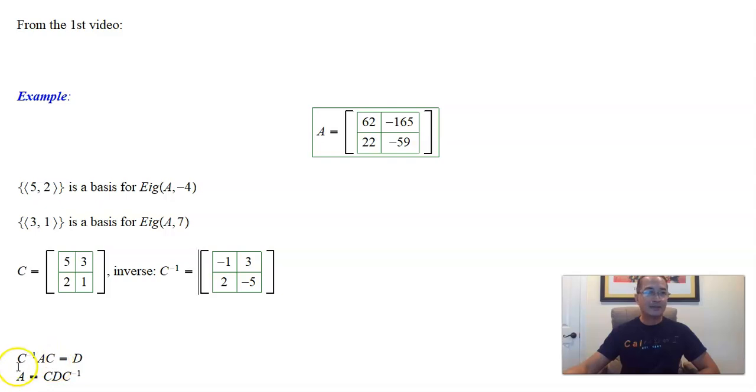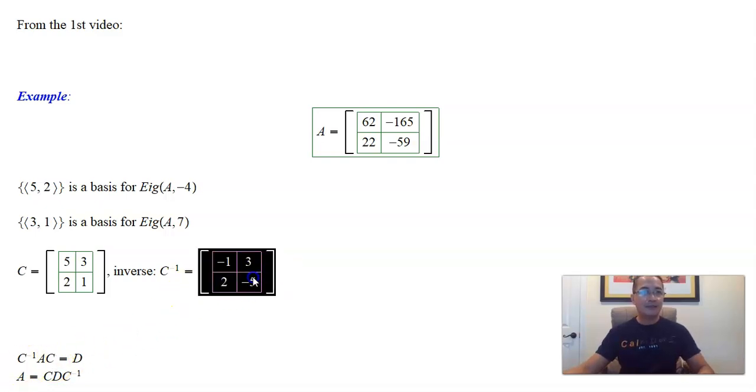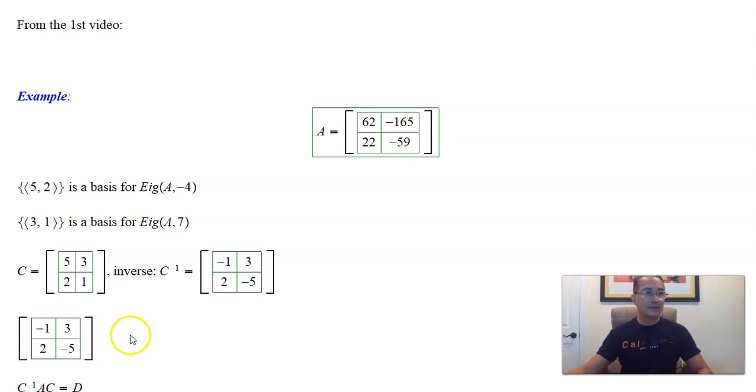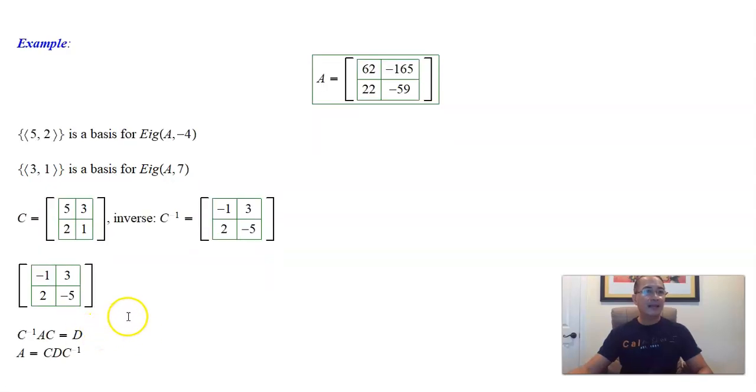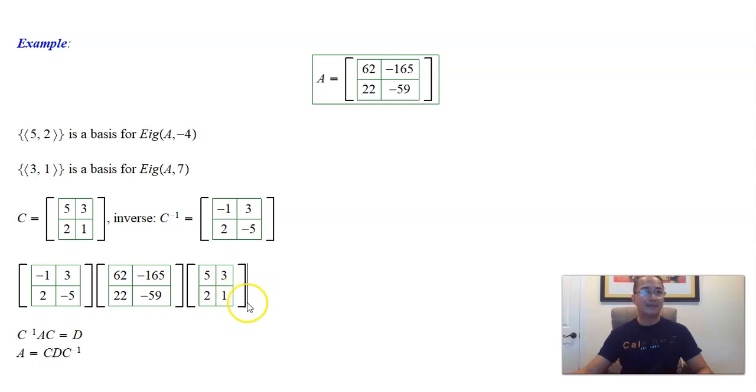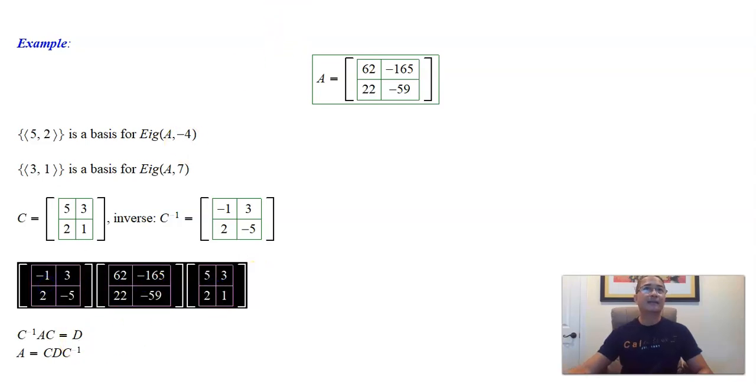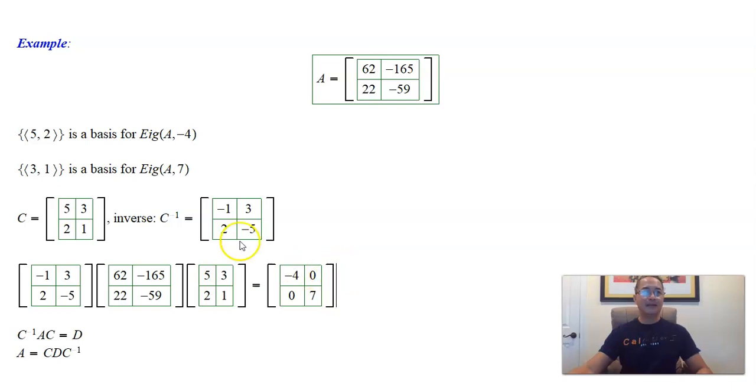Okay, check out this equation. If I have C inverse first on the left, and then I put A on its right, and then I put C to its right, if I did this correctly, I should come up with a diagonal matrix. There it is. It does contain negative 4 and 7 on the main diagonal.